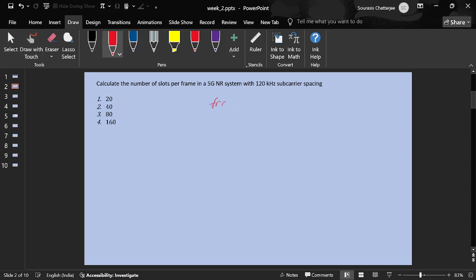So frame and subframe are numerology independent.